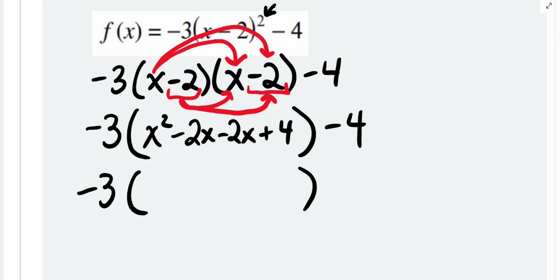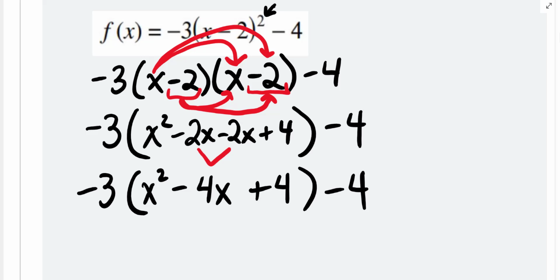Again, we're going to keep negative 3 on the outside, negative 4 on the outside, and we're going to simplify what we just multiplied out. So we're going to combine like terms in the middle, so x squared comes down. Negative 2x and negative 2x, we're combining it together, so how many negatives total do we have? We have negative 4x total, and then we bring down the 4.